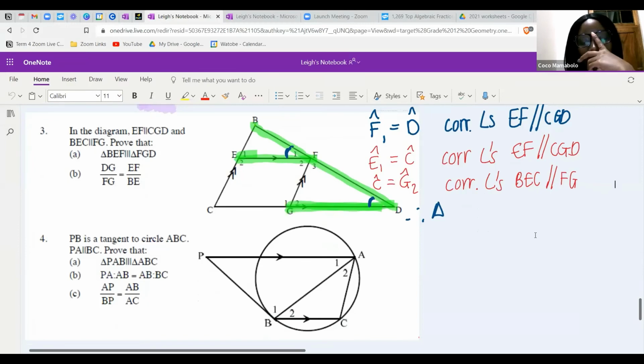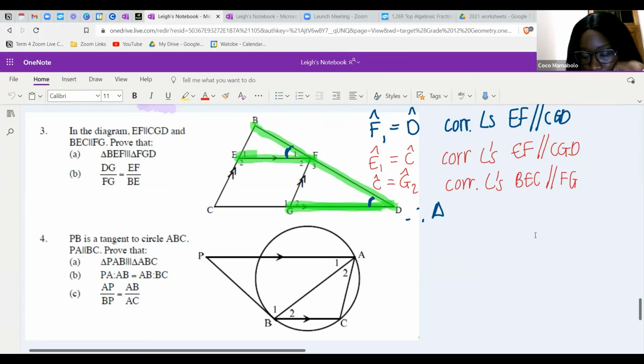Okay, so now, Matrix, have you managed to write that down? Yes, ma'am. All right, okay, guys. So now we're going to write the corresponding sides in proportion. This is what I need you to write next.